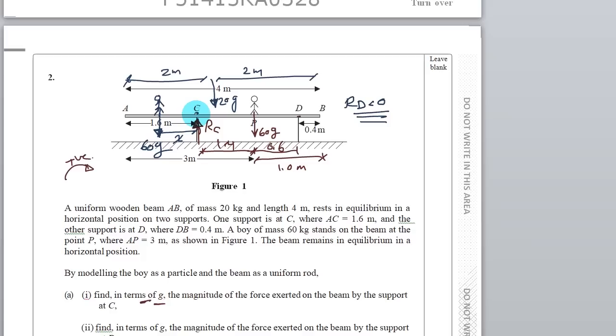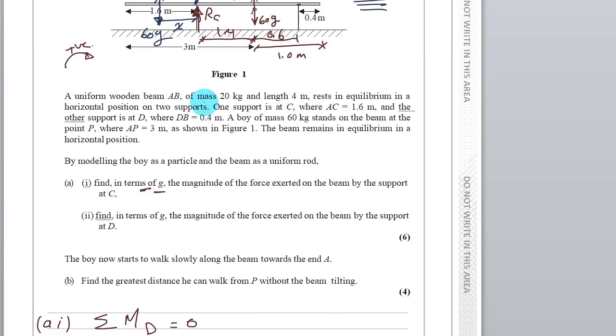Let us take the moment at C equal to 0. So 60g multiplied by x will equal 20g multiplied by the small distance here, which is 2 minus 1.6.